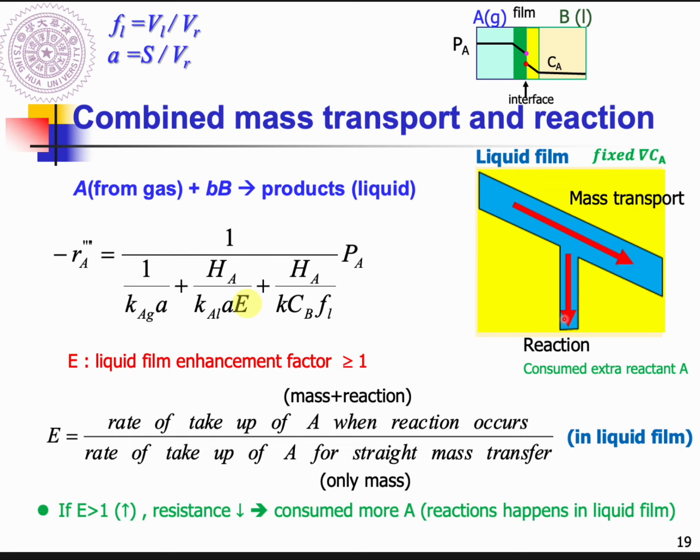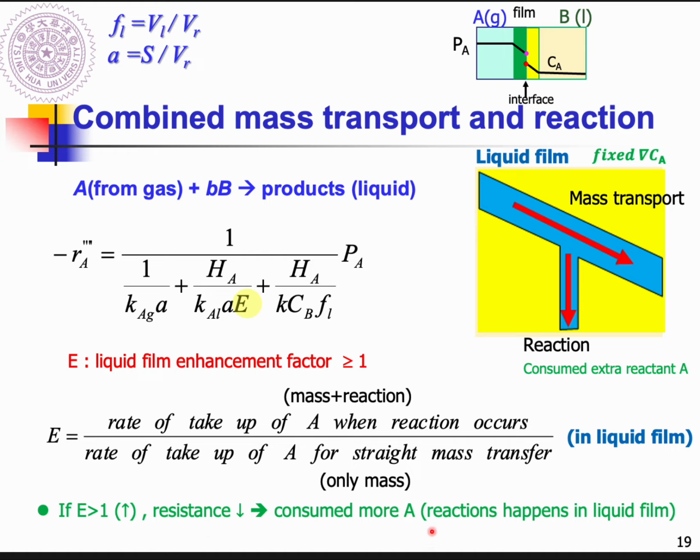Okay, so when E is larger than 1, it implies that some chemical reactions happen in the liquid film layer, which is going to consume more A passing through this liquid film, right? So more A means the flux will increase, right? If flux increases, the resistance is going to decrease. When E is larger, the resistance decreases, so you will get more flux.